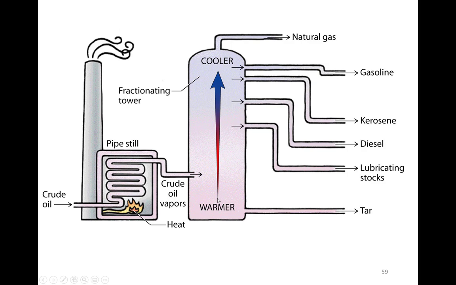The lower boiling compounds go up to the very top and go out as gases. The groups which have, for example, 6, 7, 8 carbons can be separated out into gasoline. The groups with a little bit more carbons go into kerosene. And the groups that really don't vaporize well at all remain towards the bottom as tar.